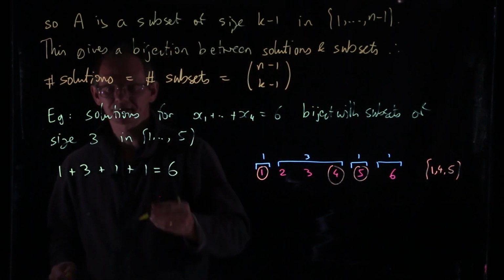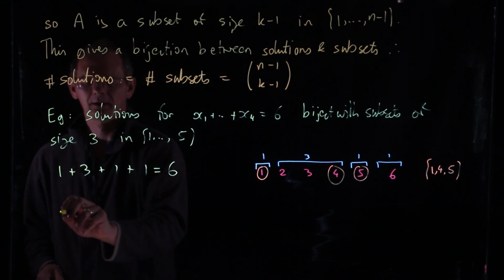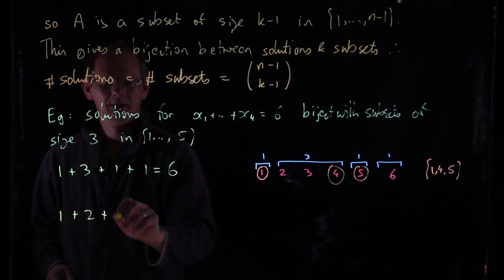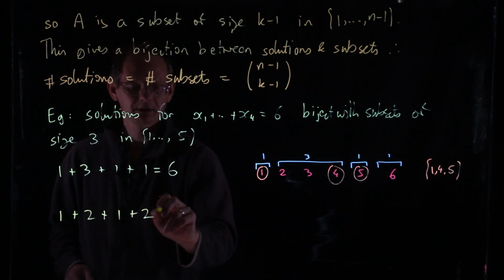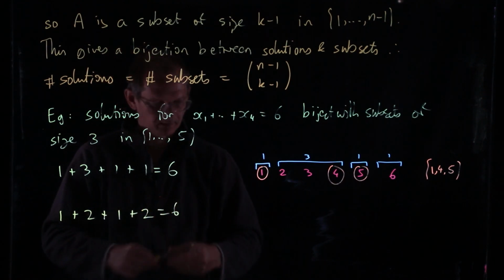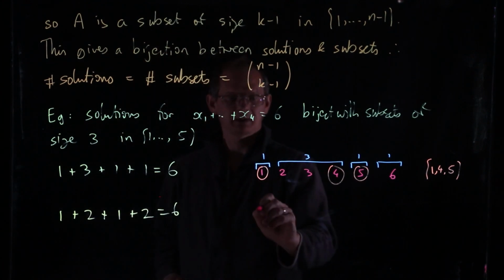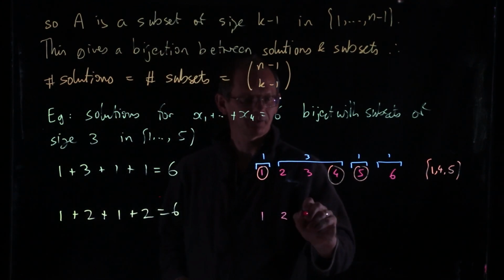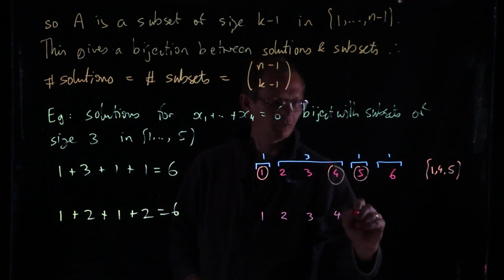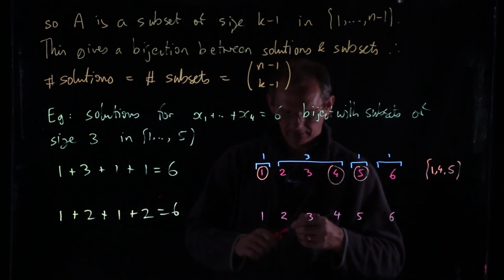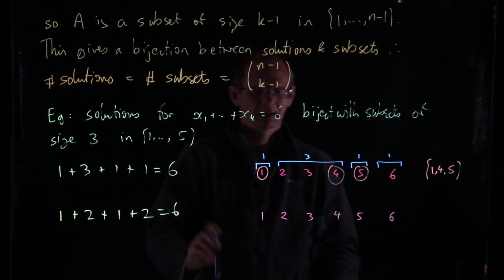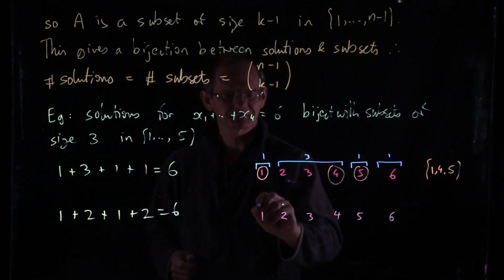Or another one of our solutions could be, say, 1 plus 2 plus 1 plus 2 is 6. So what subset does that correspond to? Again, we draw 1, 2, 3, 4, 5, 6, and we divide that into intervals.